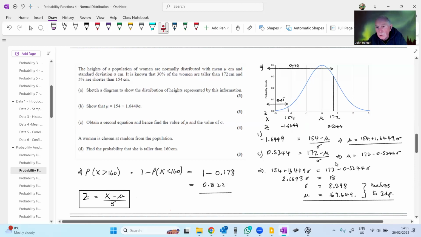In some situations we might know sigma. If we'd known sigma here, or the mean mu, then we could have found the other one. But in this problem, we need to find both. That's why we need both boundary conditions. Okay, so hopefully that has been useful. Thanks for listening.